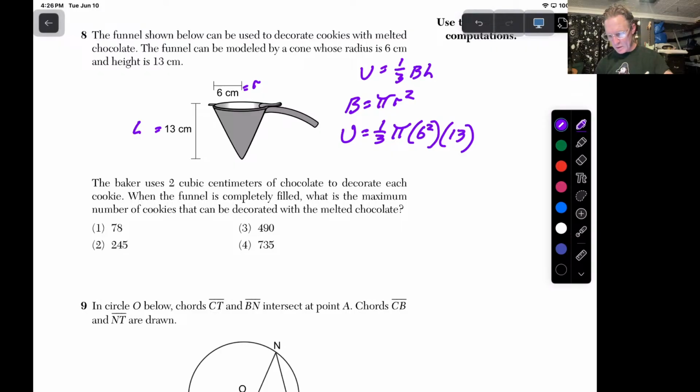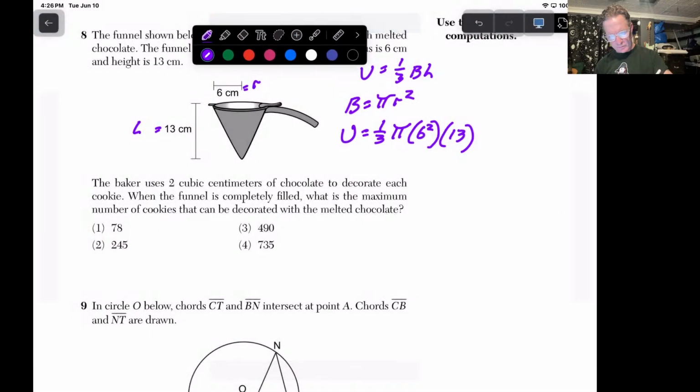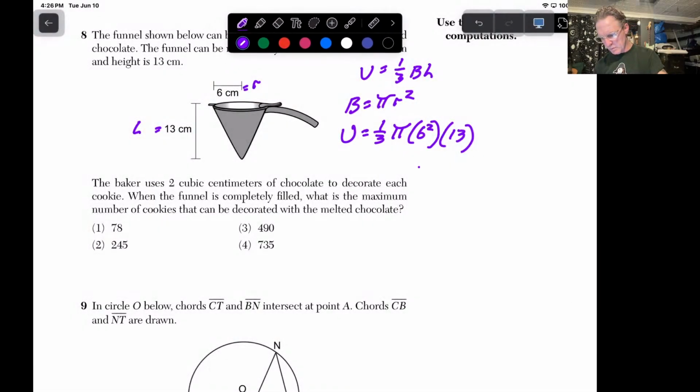Well, 6 squared is 36. So volume is 1/3 pi times 36 times 13.